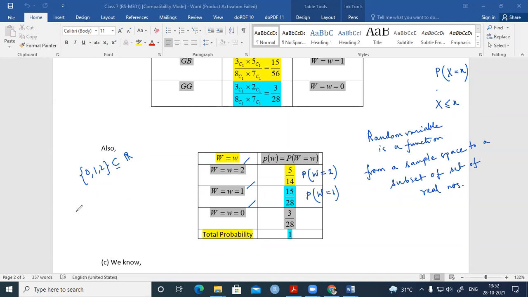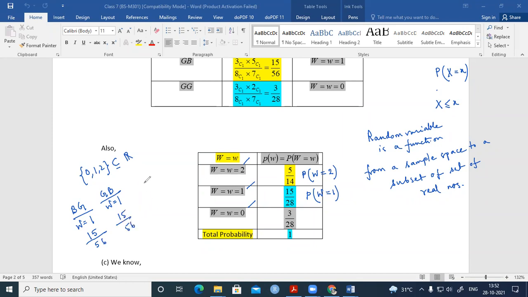How? Because there are 2 cases in which the count will be 1. The W will be 1 over here because there is only 1 brown sock. Here also the W is 1 because there is only one brown sock. And we have calculated the probabilities. Both probabilities are 15 by 56.